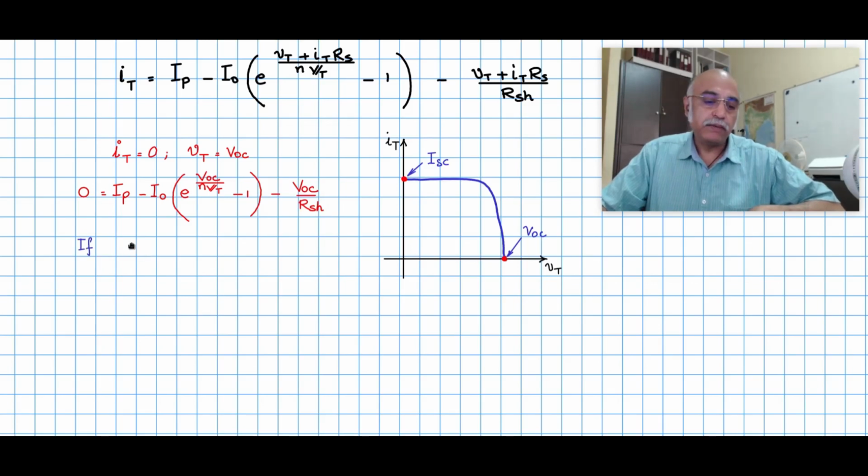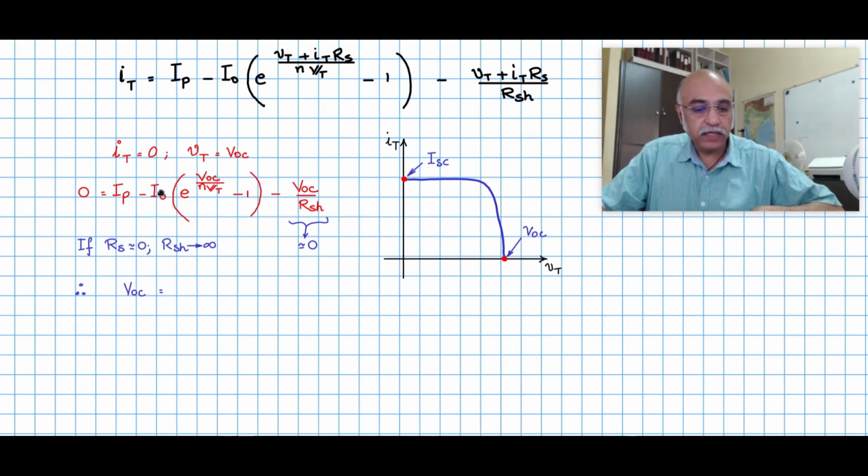Now if we apply the ideality constraint of Rs equal to 0 and R shunt tending to infinity, then R shunt being much higher compared to VOC, this term will tend to 0, and therefore we have VOC, which is in the exponent here.